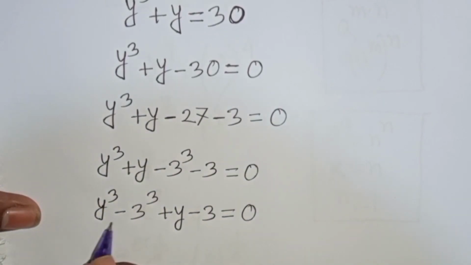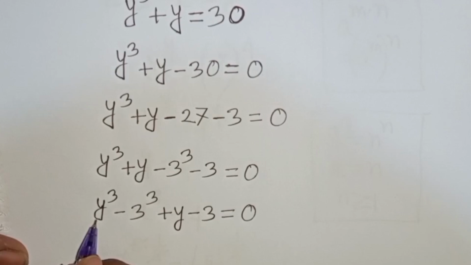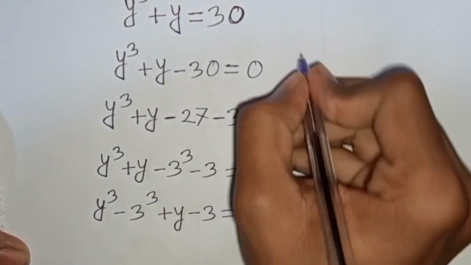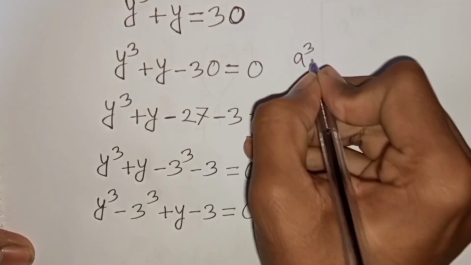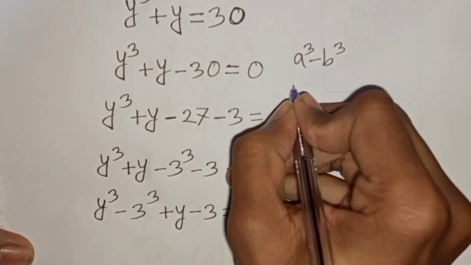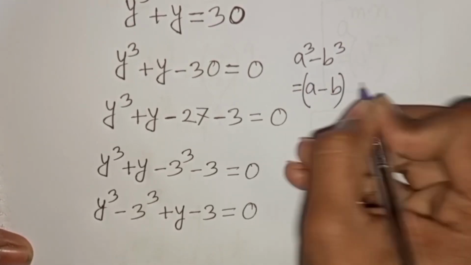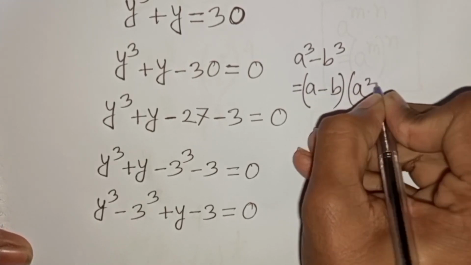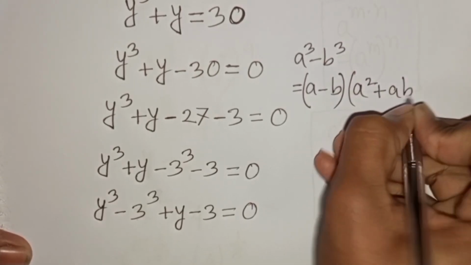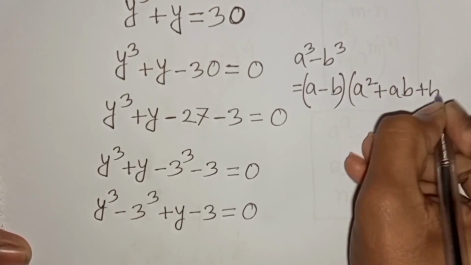Now here you can apply the formula of a cube minus b cube. Here a is y, b is 3. So according to this formula, a cube minus b cube is equal to a minus b times a square plus ab plus b square.